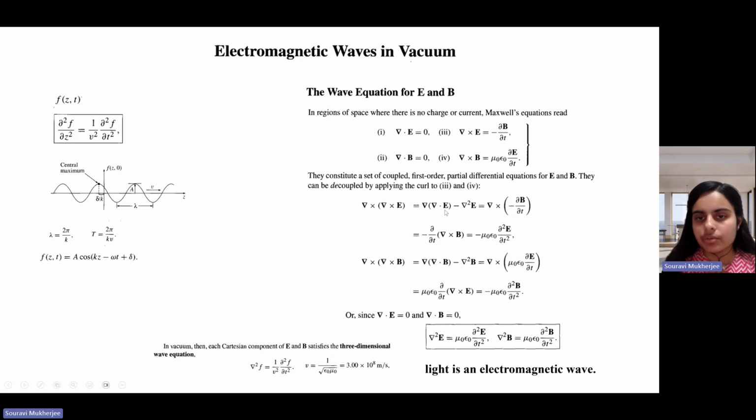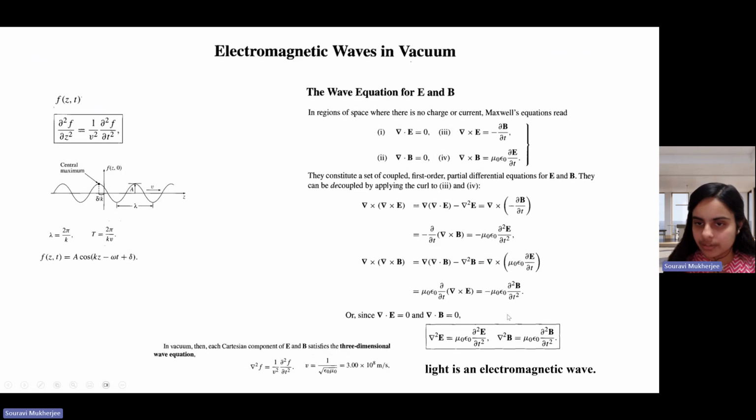Here you make use of the concept that in free space where there is no charge, so rho is 0, the divergence of E turns out to be 0. So what we then get is an equation like this.